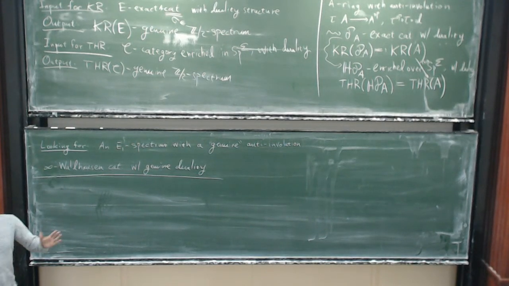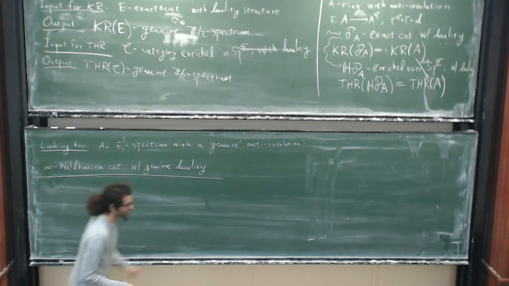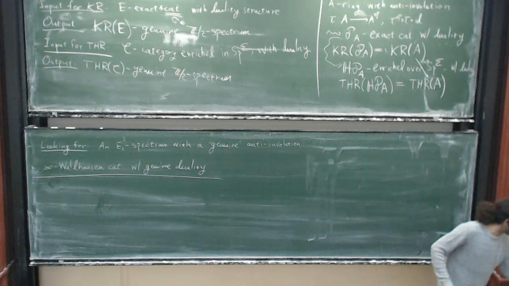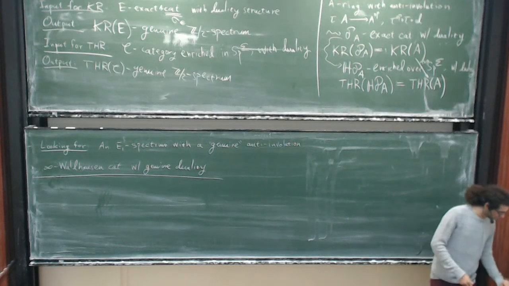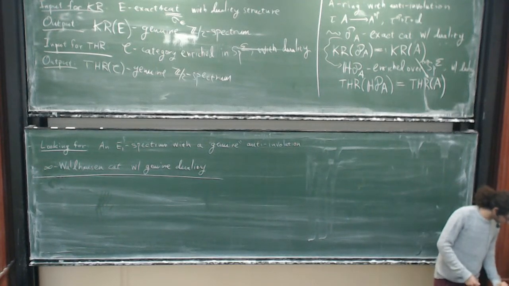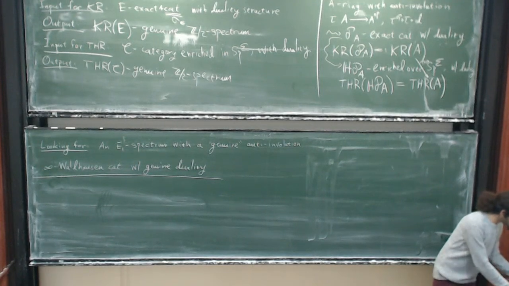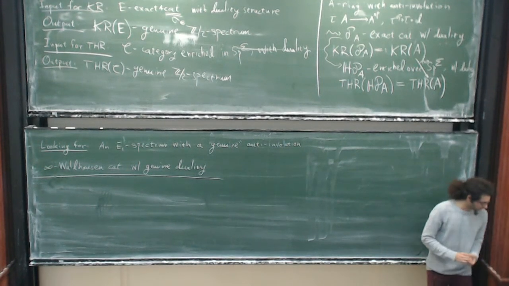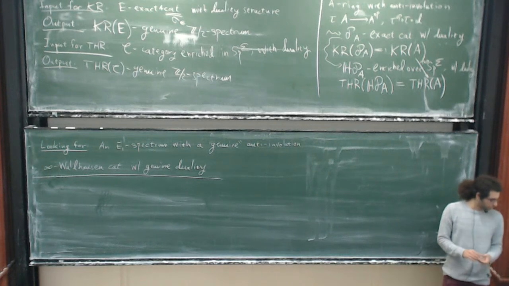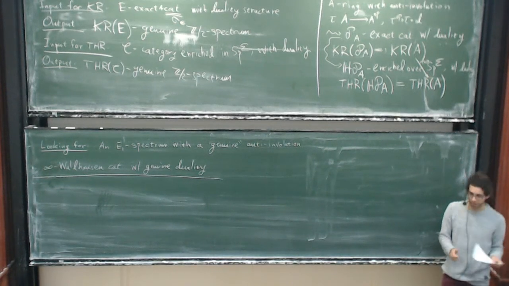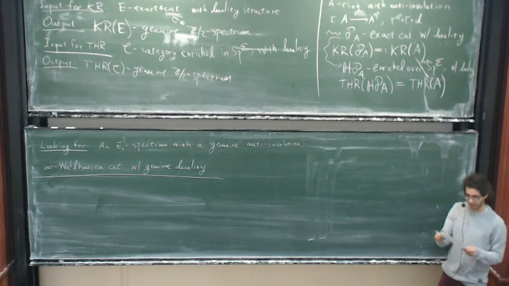Okay, so this is the main part of my talk, and I'm getting to this now. How much time do I have? Half an hour. Great. This is perfect for what I want to talk about. So let's start to think about what an E1 ring spectrum with genuine anti-involution is.